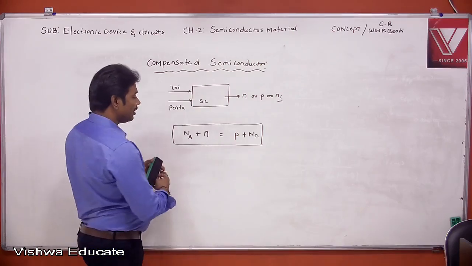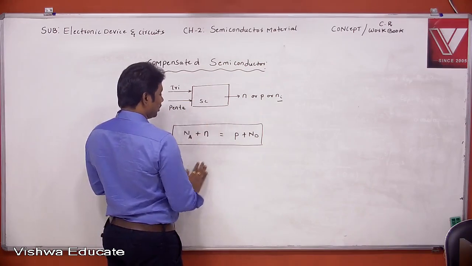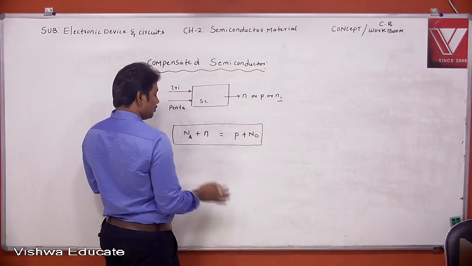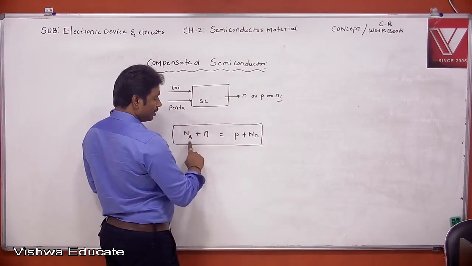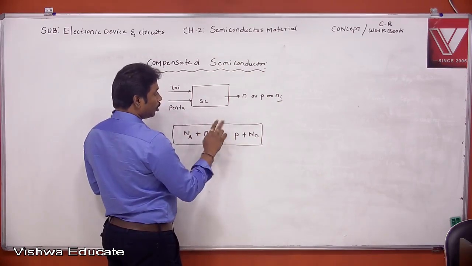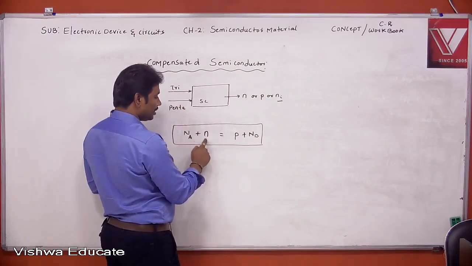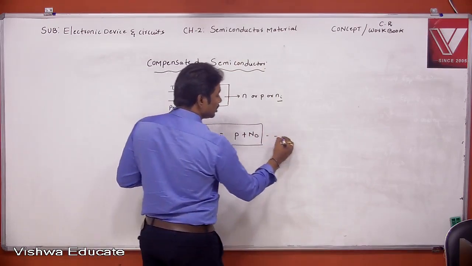If the semiconductor is doped with only trivalent, the charge neutrality equation is Na plus N equal to P. If only pentavalent, then this is the equation. For the semiconductor doped with both, it is Na plus N equal to P plus Nd. This is equation 1.